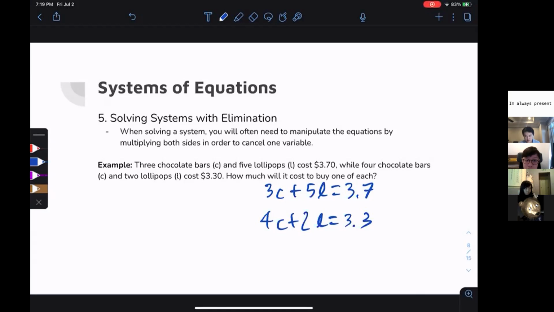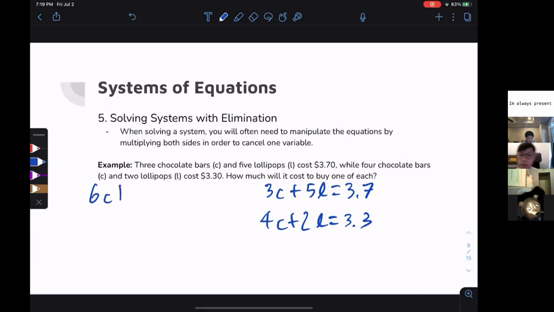All right, so I'll go over these now. I see Jerry raising his hand, so Jerry, do you want to unmute and go through solving these with elimination? Sure. So first, we typically multiply the 3c plus 5l equals 3.7 by 2, and the second equation by 5.